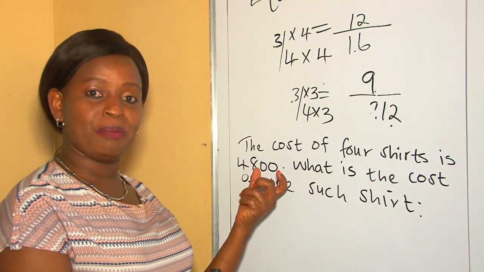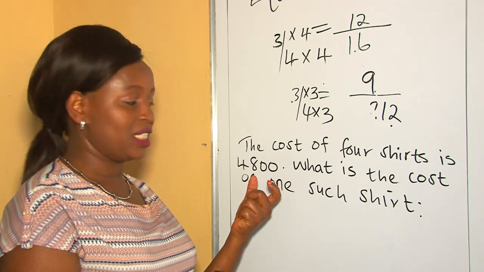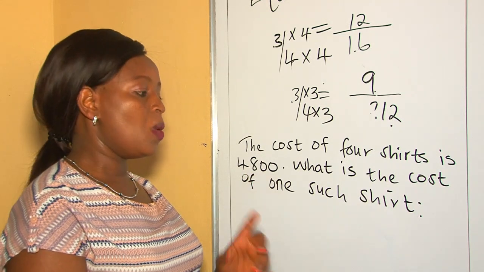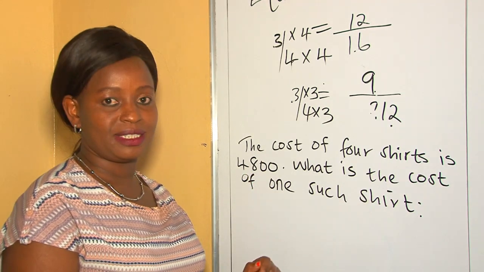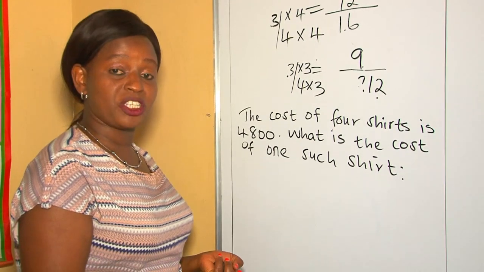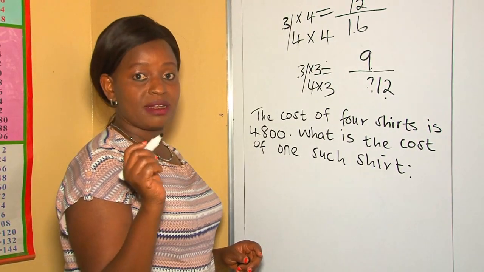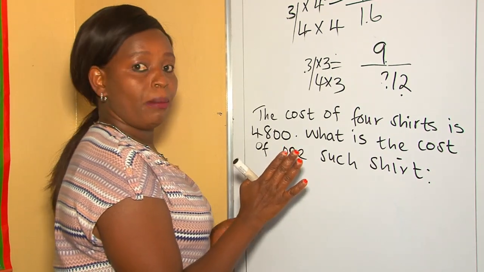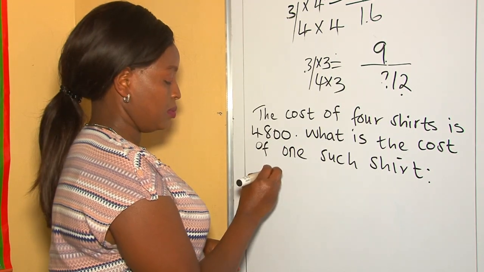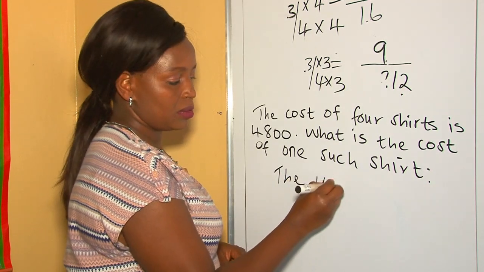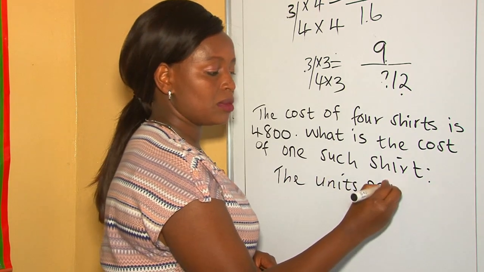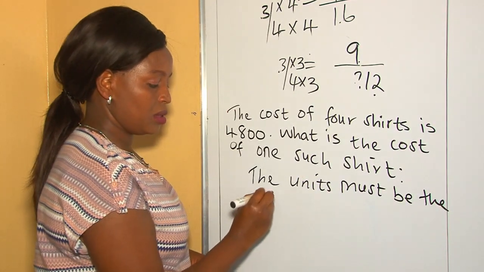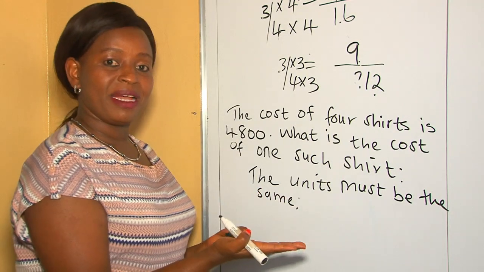Given this kind of word problem, how do we solve it? The cost of 4 shirts is 4,800. What is the cost of one such shirt? Using the idea of equivalent fractions, we need to adhere to one rule: the units must be the same. What do I mean by this?